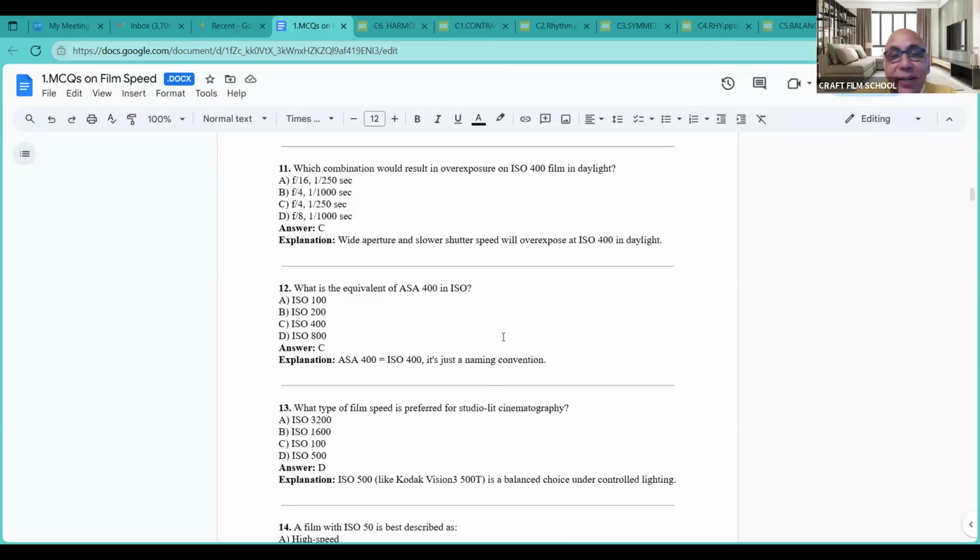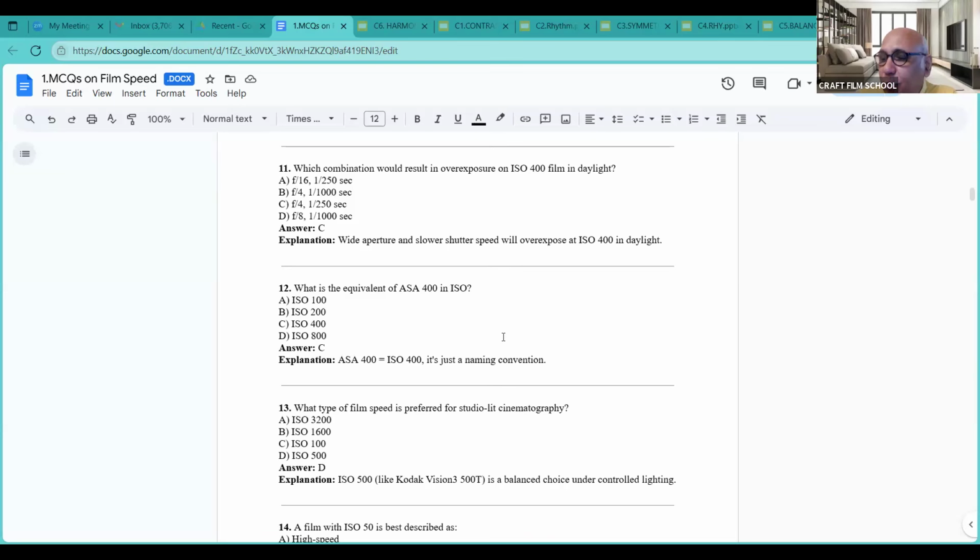F16 you use in bright sunlight. Normally it is a 100 ASA film, and here a 400 ASA film is there, for example. So what is the shutter speed?